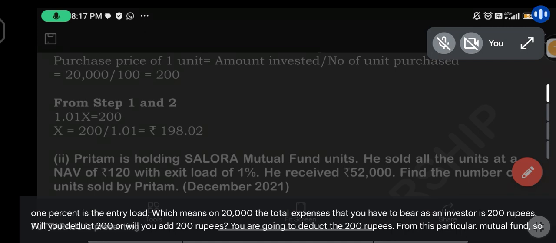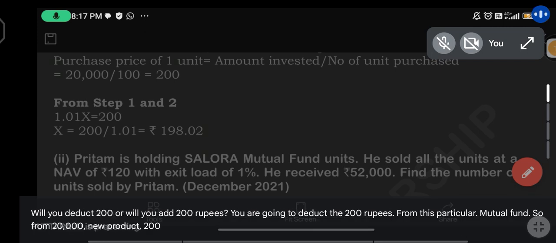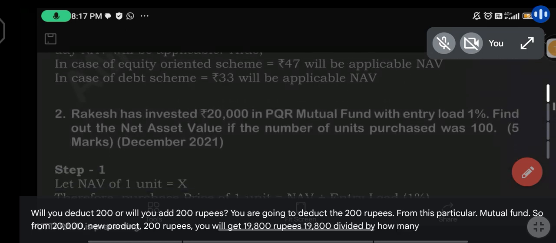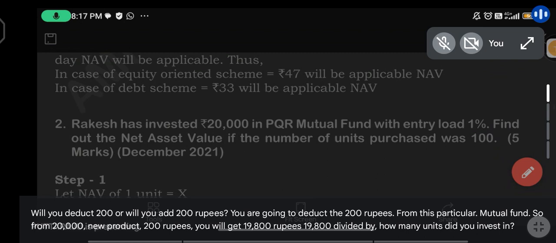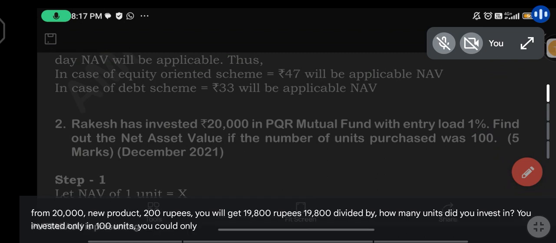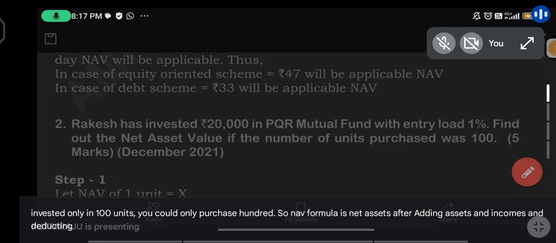So from 20,000 you deduct 200 rupees, you will get 19,800 rupees. 19,800 divided by how many units did you invest in? You invested only in 100 units. You could only purchase 100. So NAV formula is net assets after adding assets and incomes and deducting expenses and liabilities divided by the number of units that you have purchased.